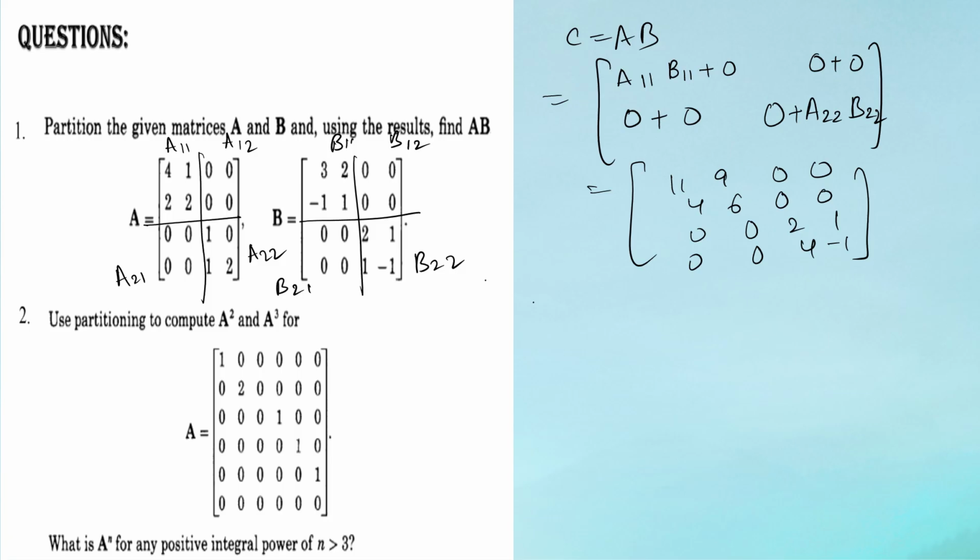So when we talk about the second question, now this is a difficult one where you're told to use partitioning to compute A square and A cube and then find A raised to power n. So what you do is first you partition these blocks. So I'll keep one as this, and this is a partitioning I would like to take.